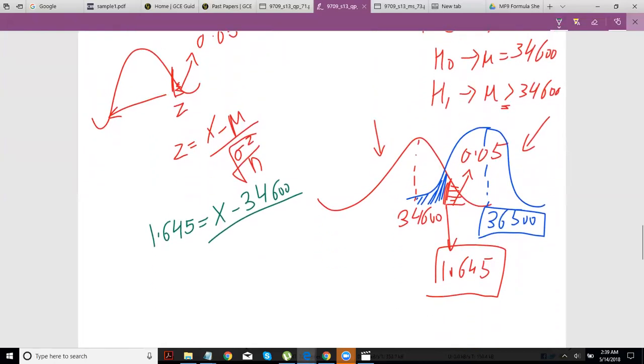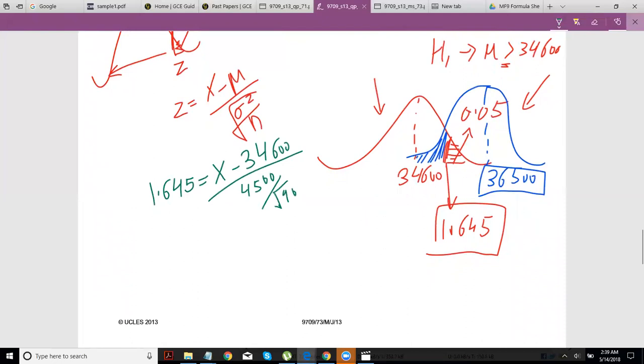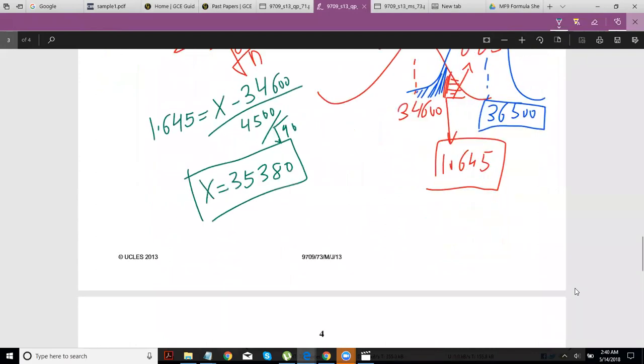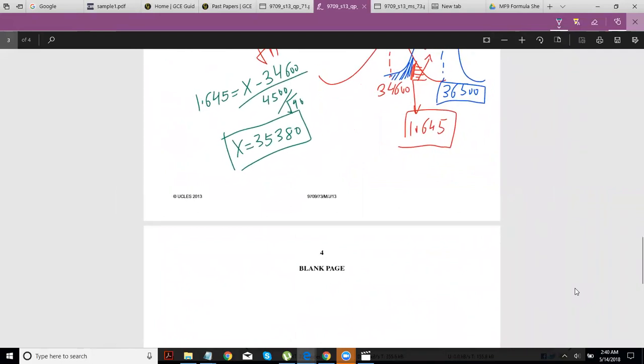Okay, so your standard deviation was 4500 upon root 90 weeks, so n is 90, and using this you can figure out the particular x value, and that value is 35380.